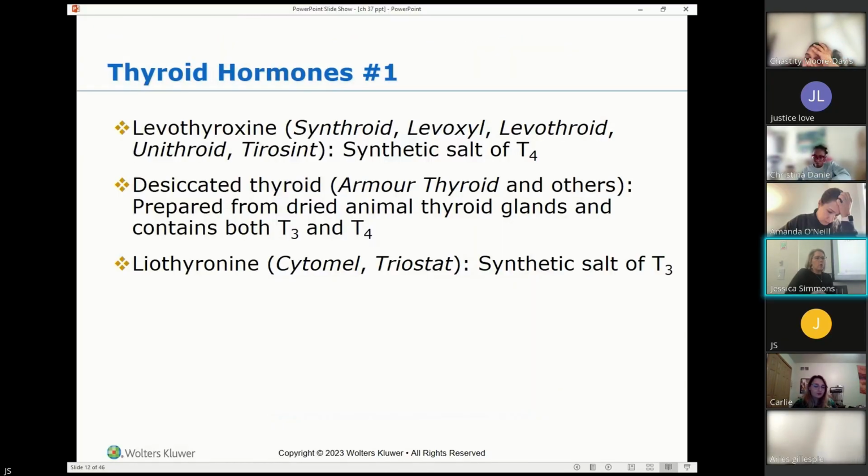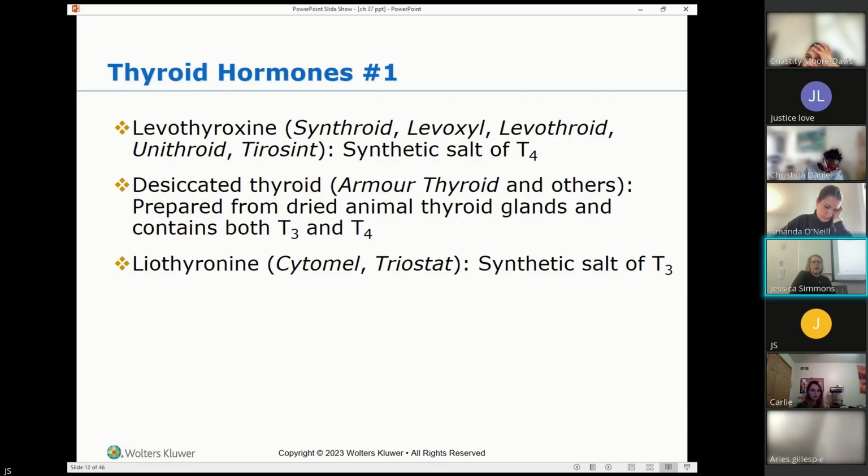Okay, so we are looking at thyroid hormones. We have levothyroxine, which is our most common drug. And the other name for it most commonly is Synthroid. This is synthetic T4. You have another drug called desiccated thyroid. This is prepared from dried animal thyroid glands that contains both T3 and T4.